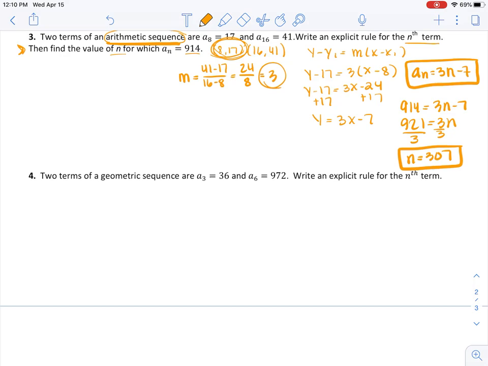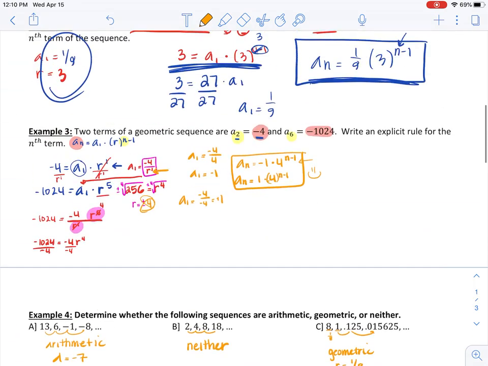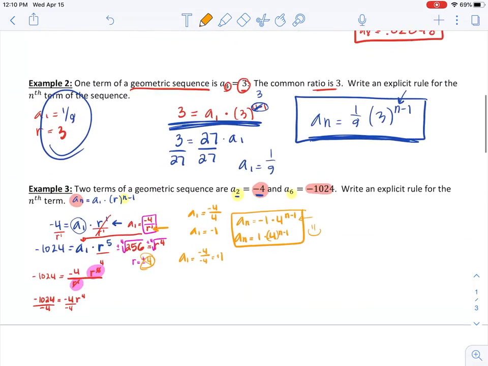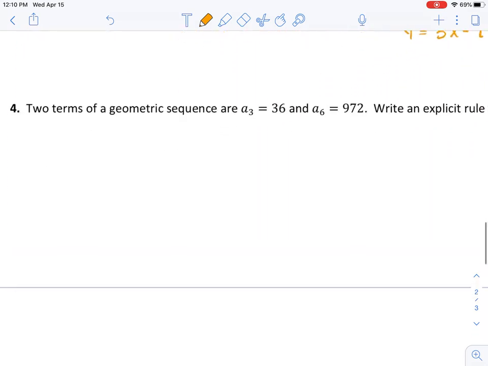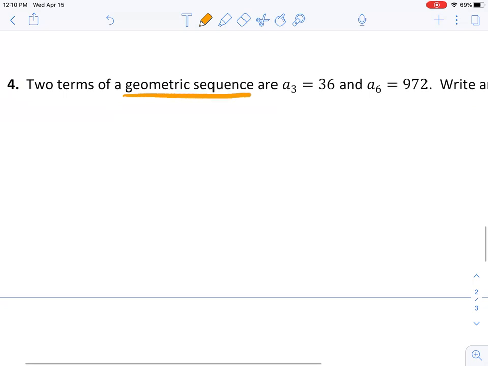The last one is very similar to example 3 right here. So if you want to use example 3 to model it and try it on your own and just look over it really quickly, you can. But I'm going to show you it again. When it's geometric, you cannot say, oh, I'm going to write an equation of a line. You have to use substitution.